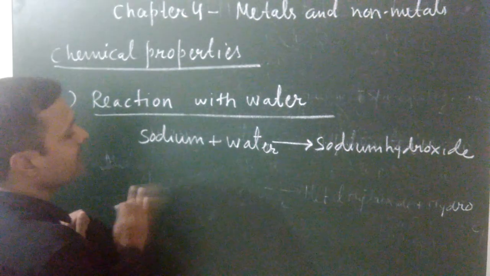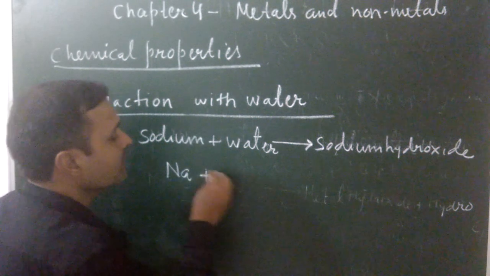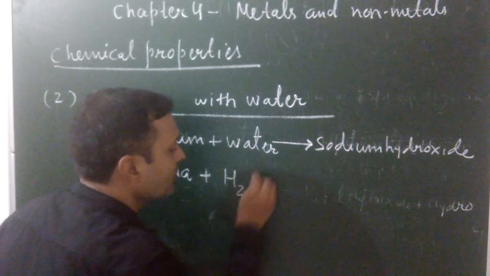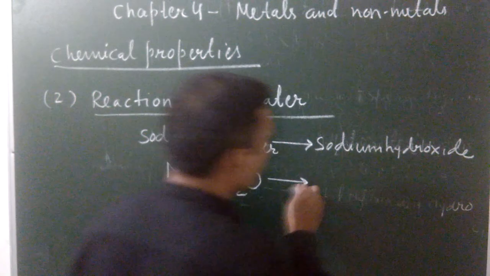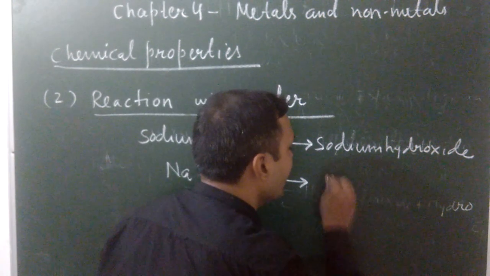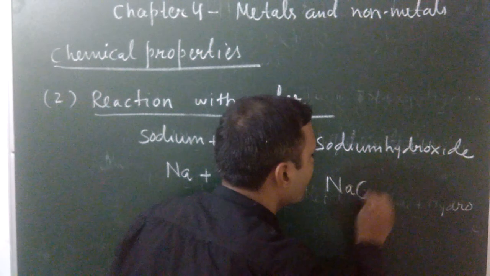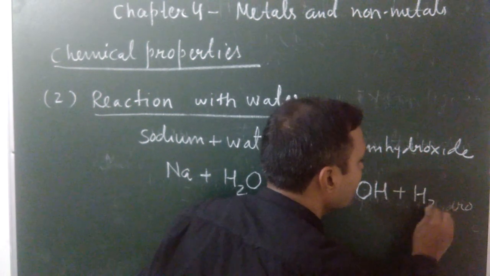Now you will write the symbols. What is the symbol of sodium? Na. And the symbol of water is H2O. It will give metal hydroxide, meaning sodium along with the OH group. So NaOH is the chemical formula of sodium hydroxide, plus hydrogen gas.